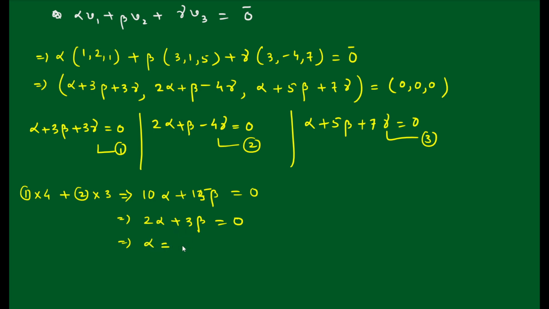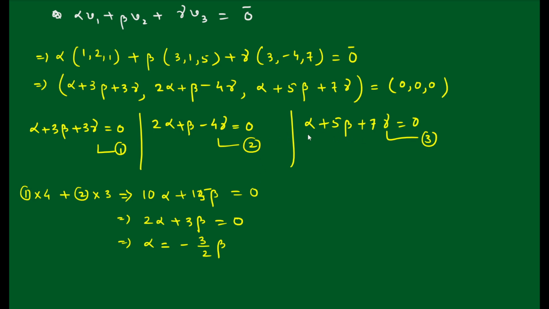Now from this, you'll see that alpha is dependent on beta. If this is the case, then we cannot find the values of alpha and beta together, because one is dependent on the other.